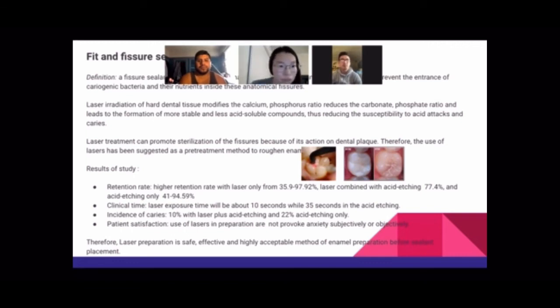The result of the study shows a higher retention rate with the laser only, minimized clinical time, lower incidence of caries, and lower anxiety effects on patient satisfaction. Therefore, laser preparation is a safe, effective, and highly acceptable method of enamel preparation before sealant placement.